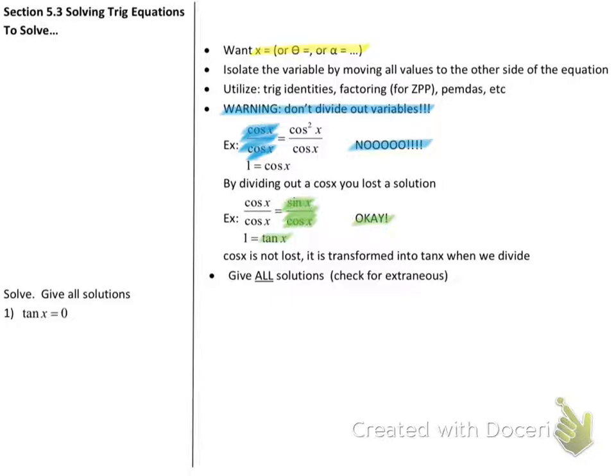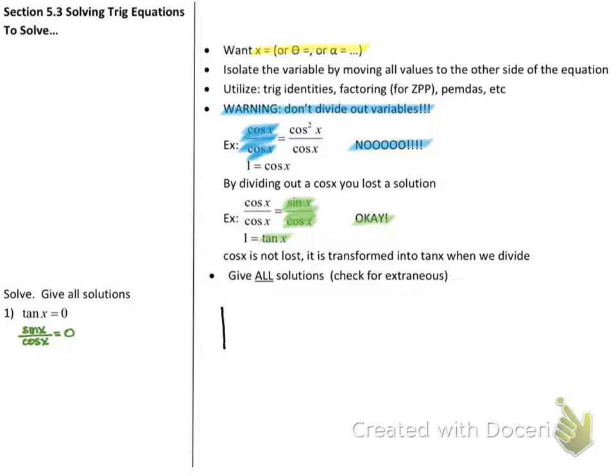when, well, let's see, tangent is sine over cosine. So if I think about this from the unit circle, this is when sine over cosine is equal to 0. Okay, well, that's really when sine is 0. Cosine could be +1 or -1. Okay, so I'm going to draw lots of pictures here.